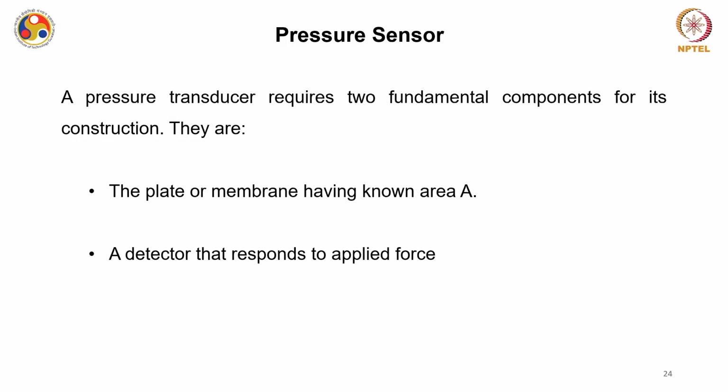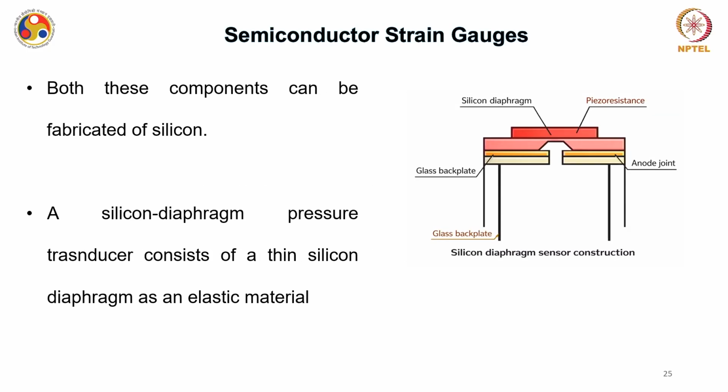So basically what you are detecting is the force, and we know that the pressure can be calculated from the applied force and the known area. If you know this force and the diaphragm area, you can calculate the applied pressure, and that is exactly how the semiconductor pressure transducer works.